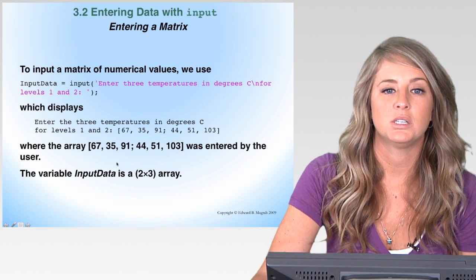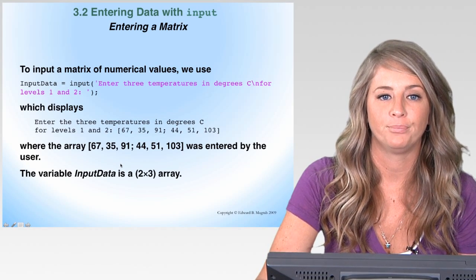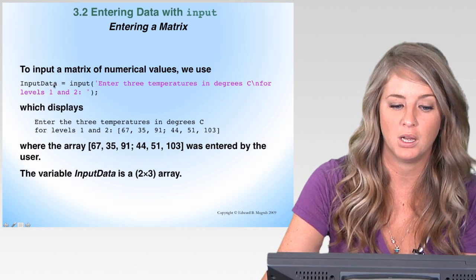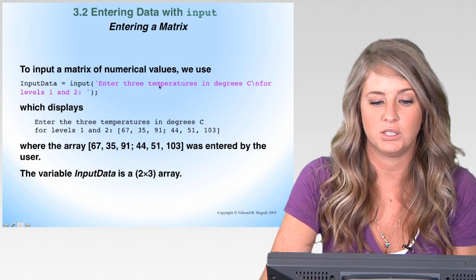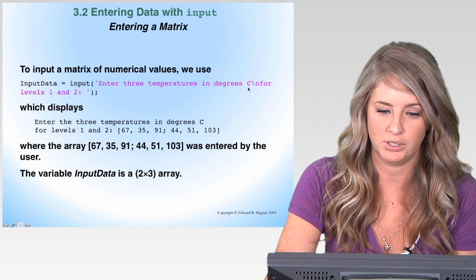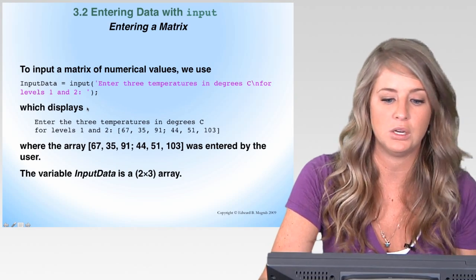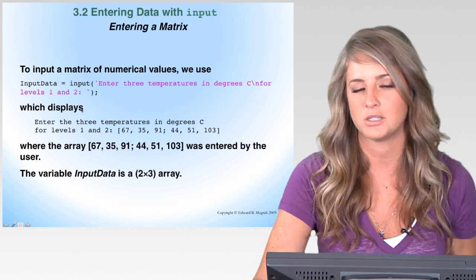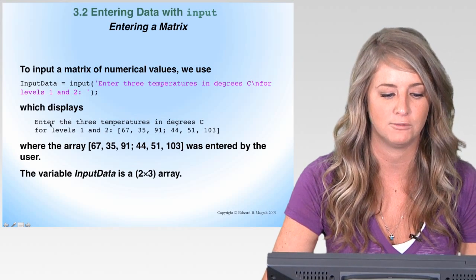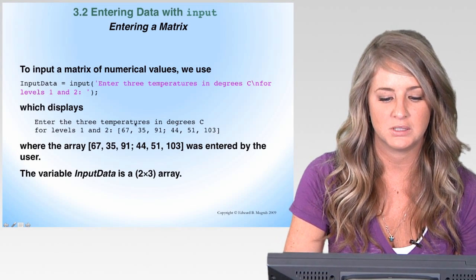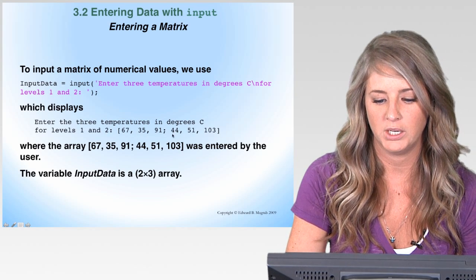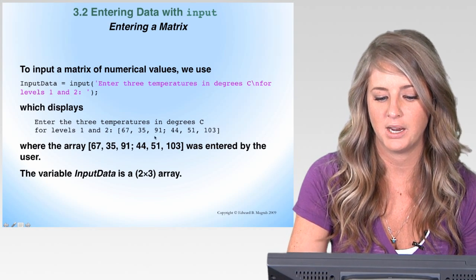If we wanted to create a matrix using the input function, that's also possible. Let's say that we want to enter 3 temperatures in degrees Celsius for levels 1 and 2. This is just an example out of your text, so feel free to go take a look to get the background and syntax if you want to. So here's what will be displayed to the command window, and then the user would enter, for example, this syntax here.